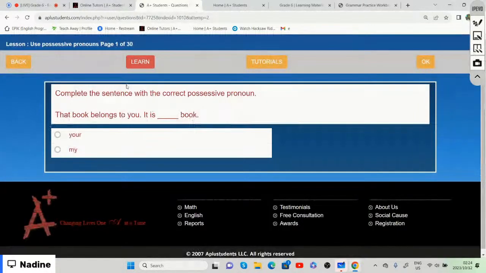That book belongs to you. So if the book belongs to you, then it is whose book? Is it your book or is it my book?